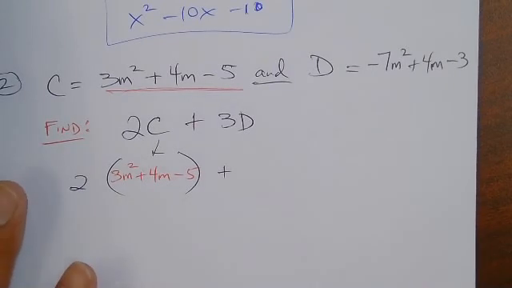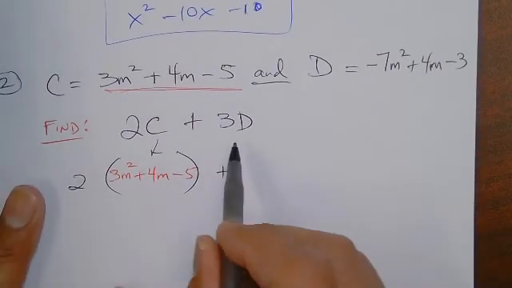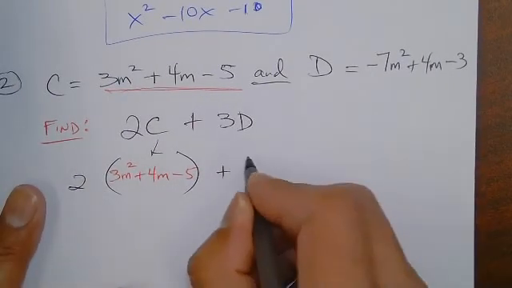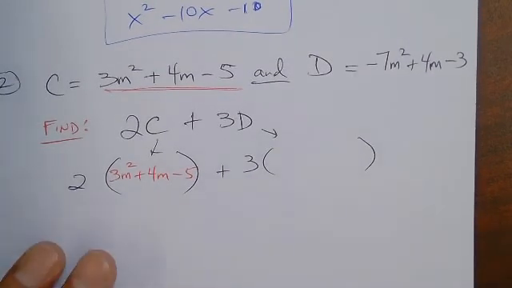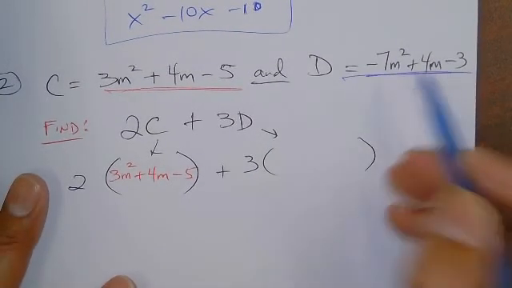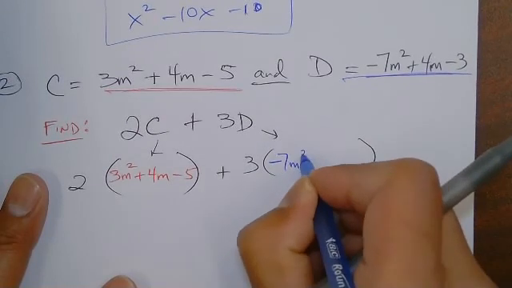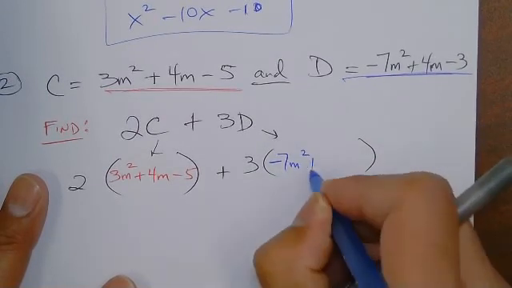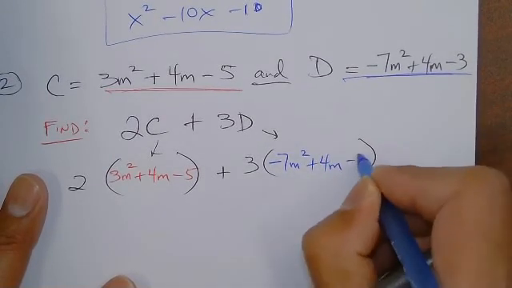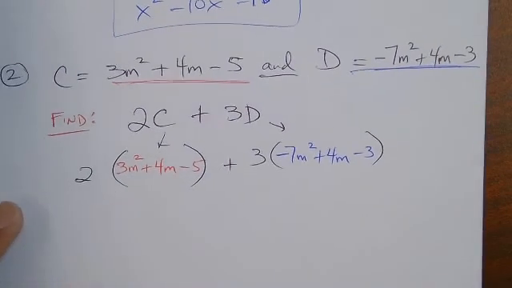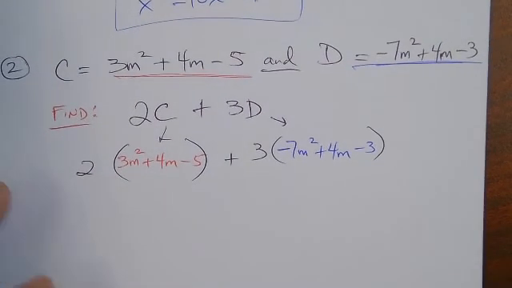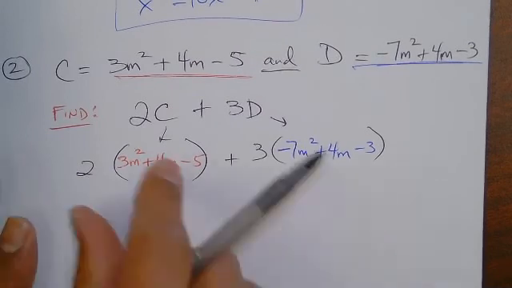I got to multiply 2 to this polynomial, and then add it to, well, I got to get the answer first, and then what do I got to do over here? 3 times whatever d is. What's d over here? Well, this polynomial d is negative 7m squared plus 4m minus 3.